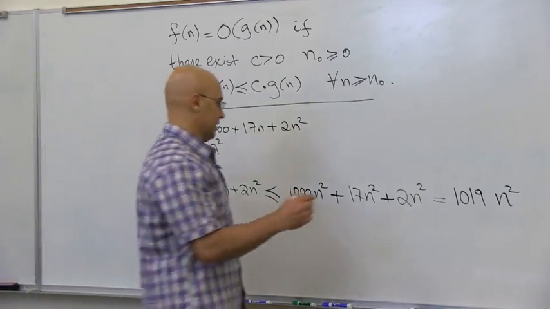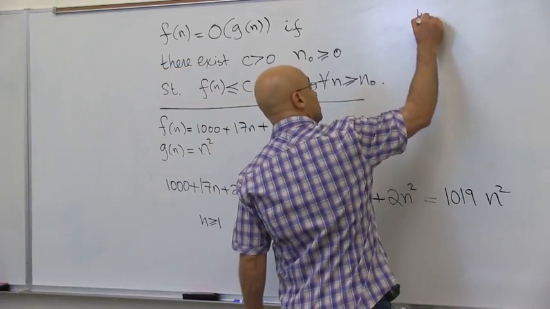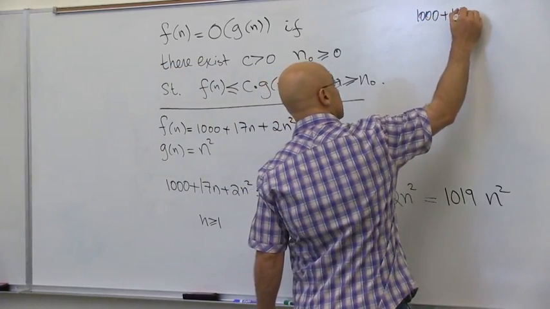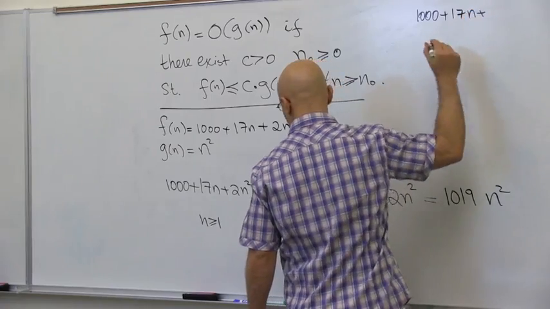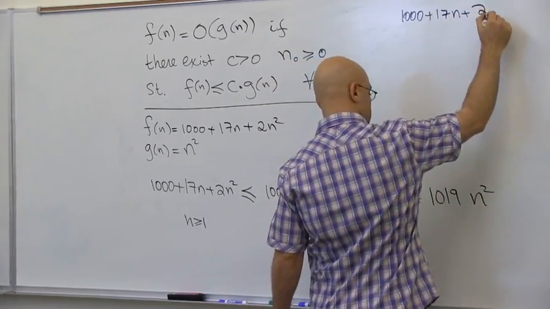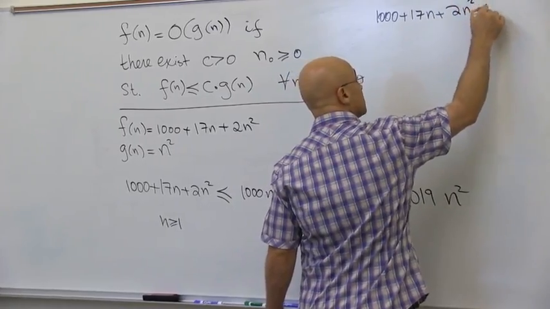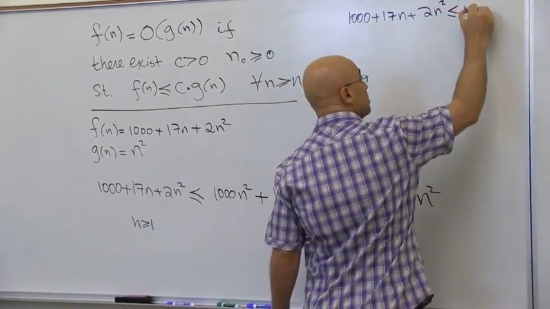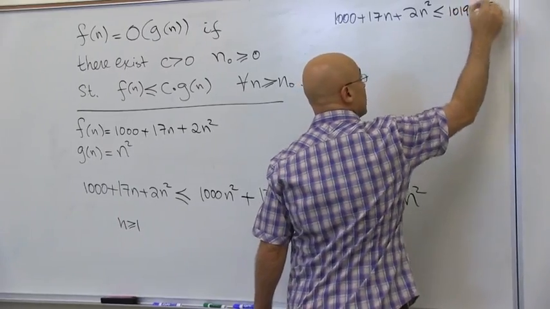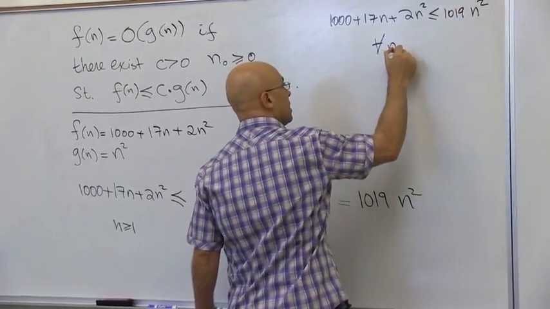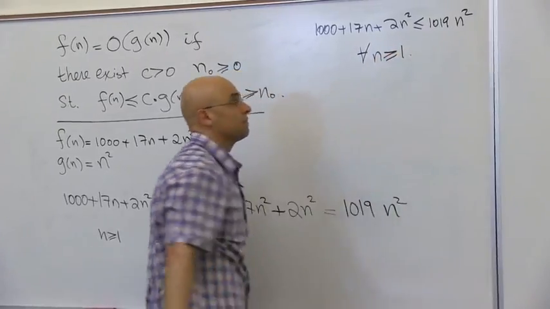Again, I can basically say that 1,000 plus 17n plus 2n squared is smaller than or equal to 1,019 n squared for every n greater than or equal to 1.